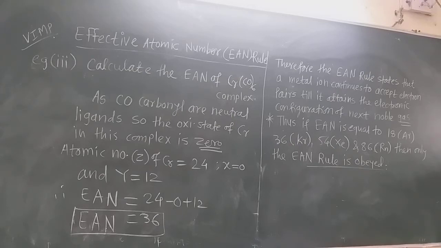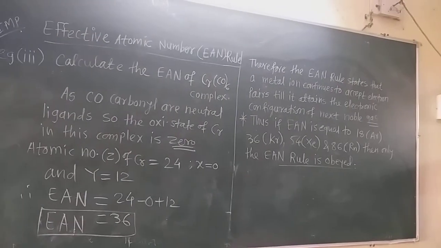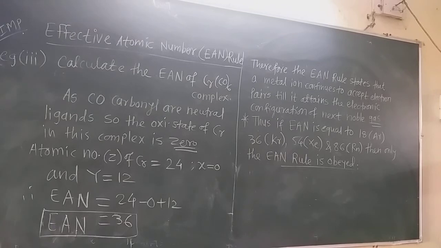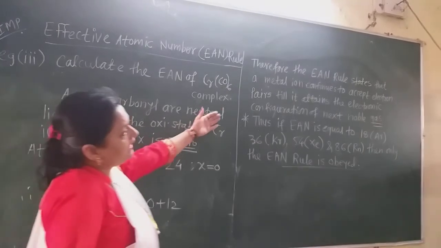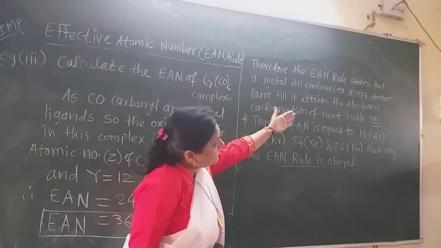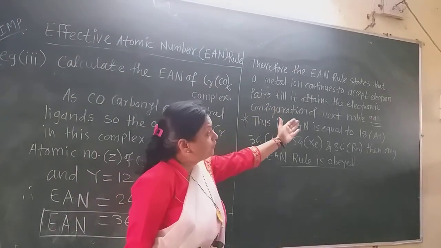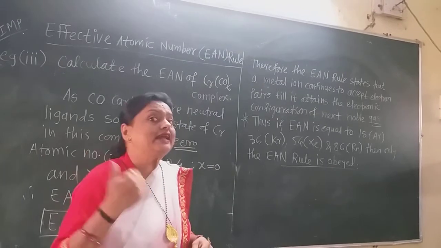Then what does this rule state? That is very important, because this rule is given to explain the stability of the complex. Now the effective atomic number rule states that a metal ion continues to accept electron pairs till it attains the electronic configuration of the next noble gas.